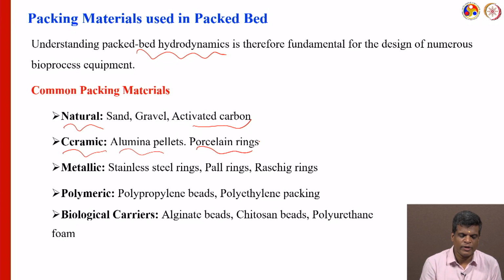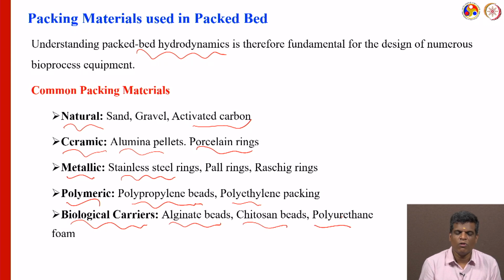For metallic packing material, we can use stainless steel rings. For polymeric, polypropylene beads and polyethylene packing. Finally, biological carriers: alginate beads, chitosan, and polyurethane foam are all used as common packing materials for the packed bed.